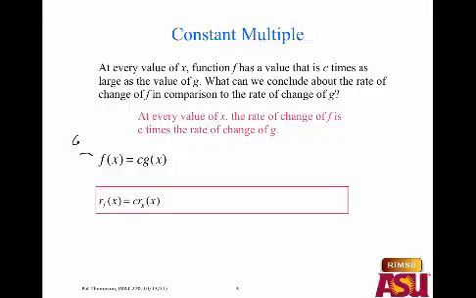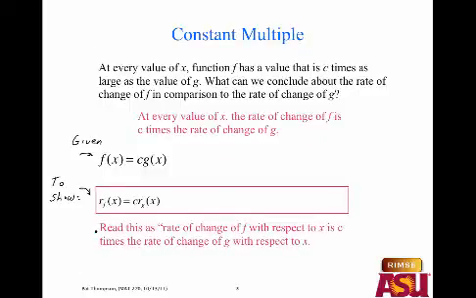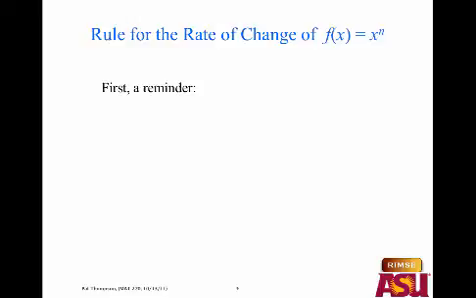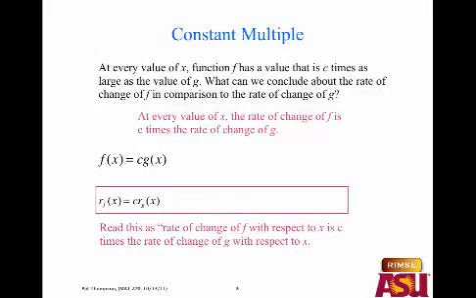We know this to be true. And this is what we're expecting. This is kind of what we want to show or to prove. So how do we do it?